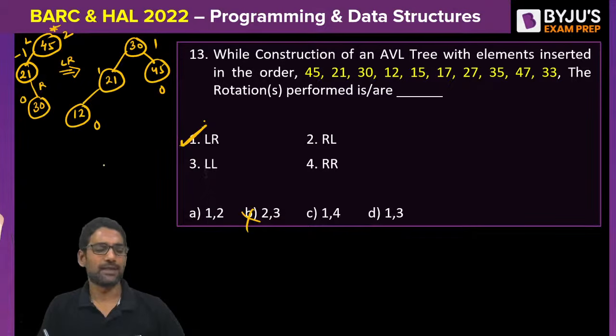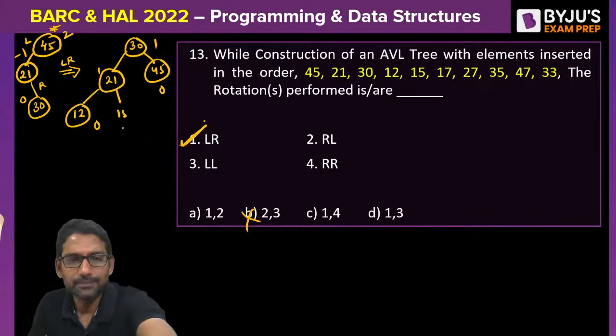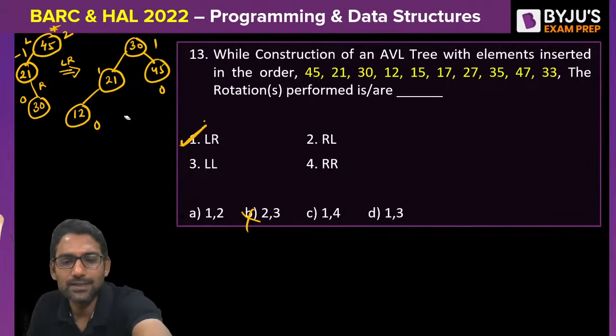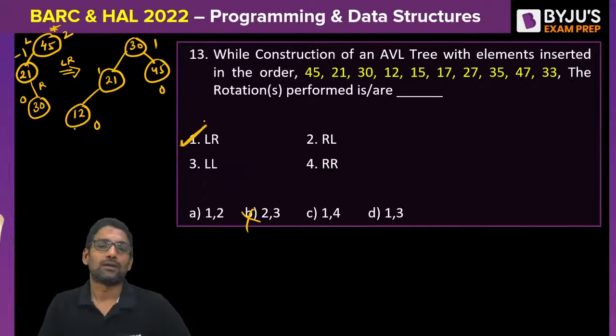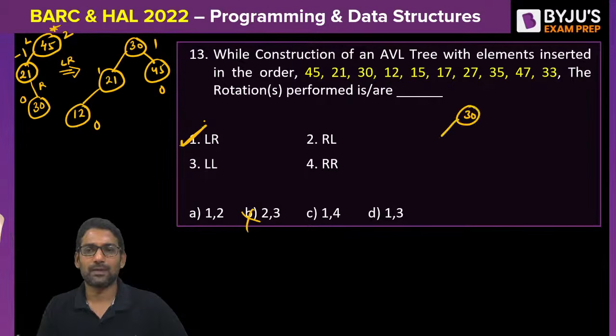And then I am inserting 15. So where do I insert 15? Let me do here 30, 21, 12. 15 is smaller than 30, smaller than 21, greater than 12.